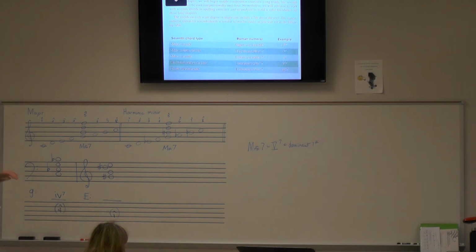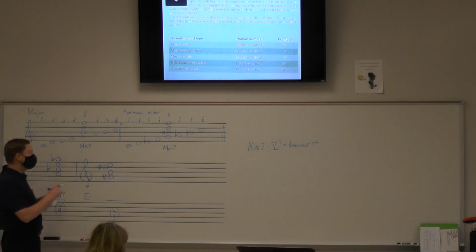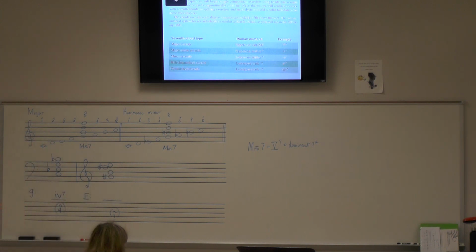Now, do I write uppercase or lowercase? Can anyone tell me? Think of the E on the bottom: E, G sharp, B, D sharp. What type of seventh chord is that? It's a major seventh chord. What type of Roman numeral symbol do we write for major seventh chords?